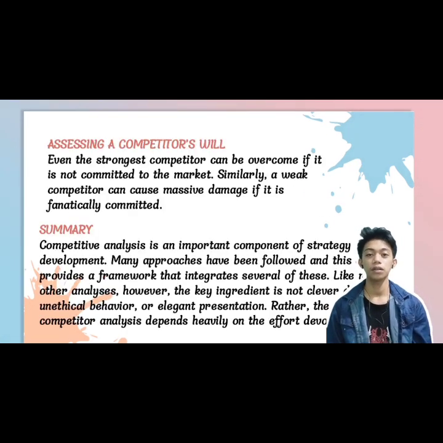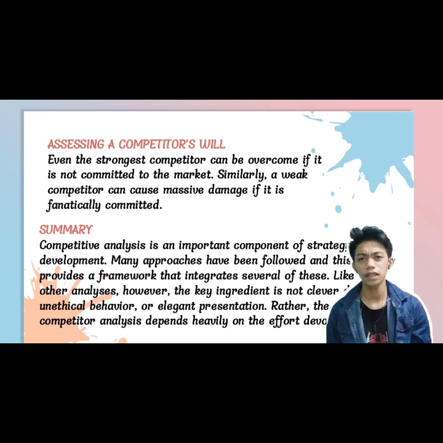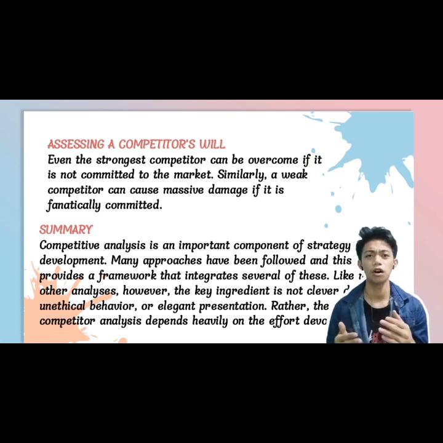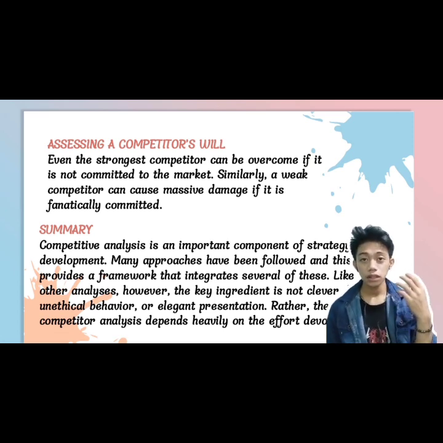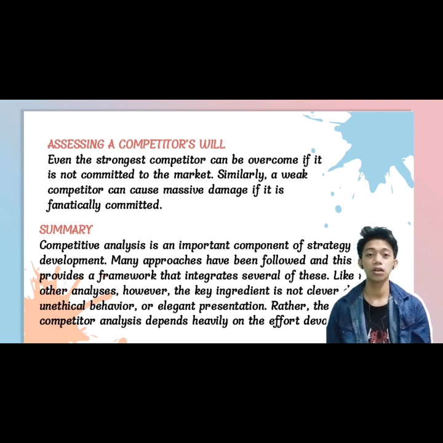Assessing competitors: even the strongest competitors can be overcome if they are not committed to the market. Similarly, a weak competitor can cause massive damage if it is fanatically committed.